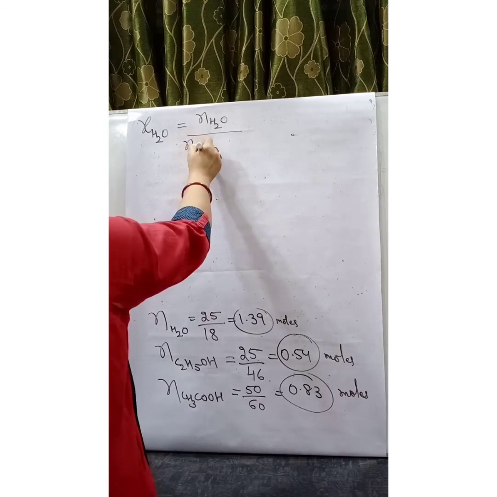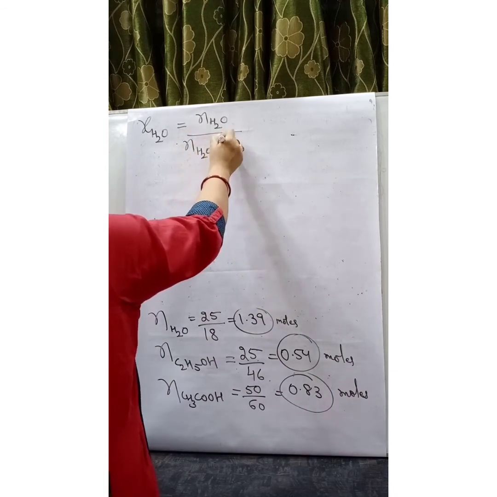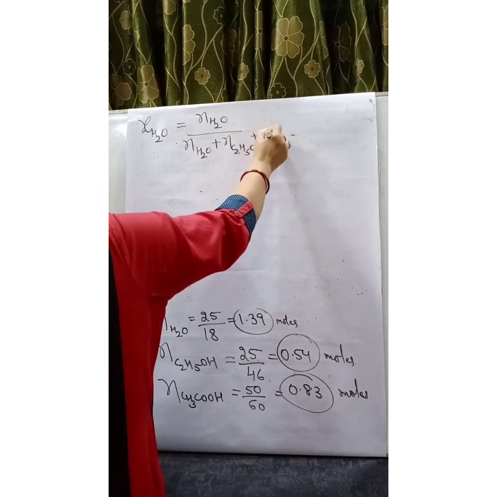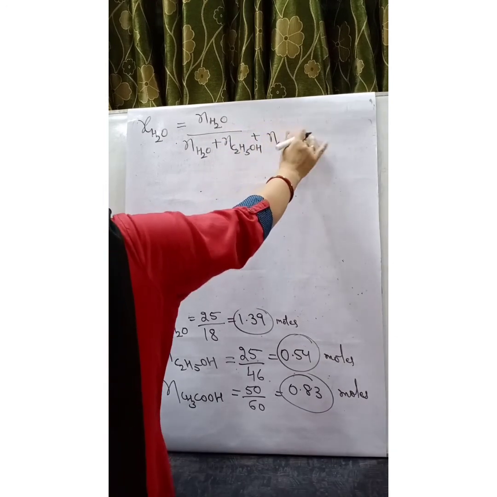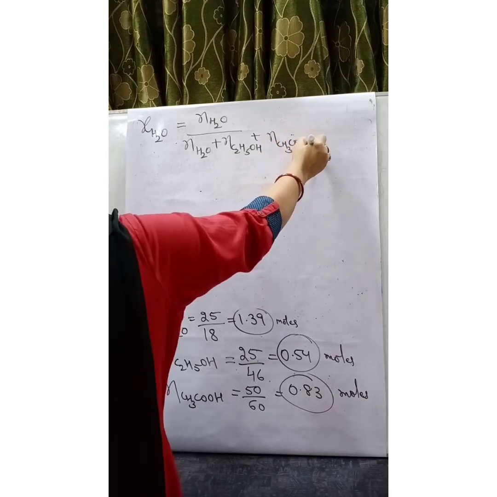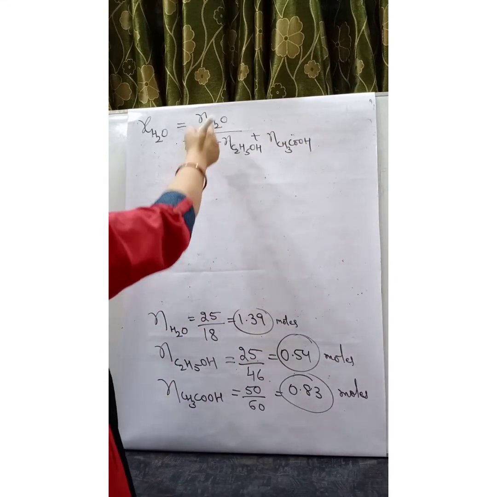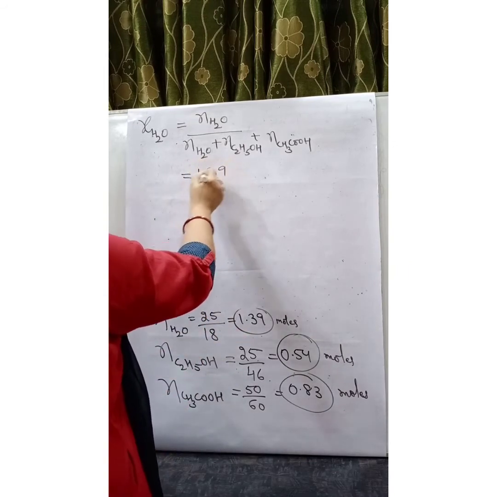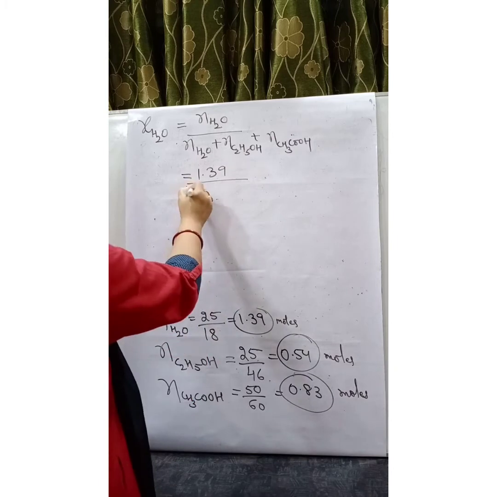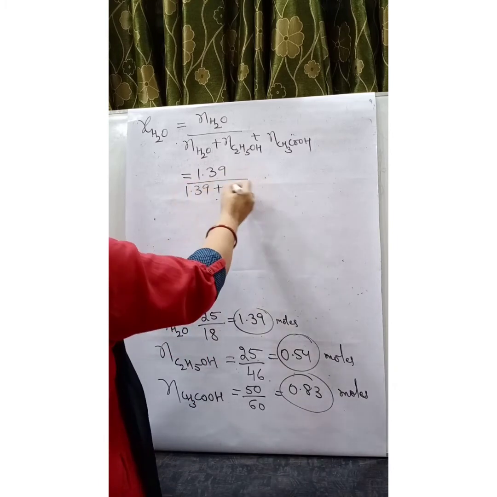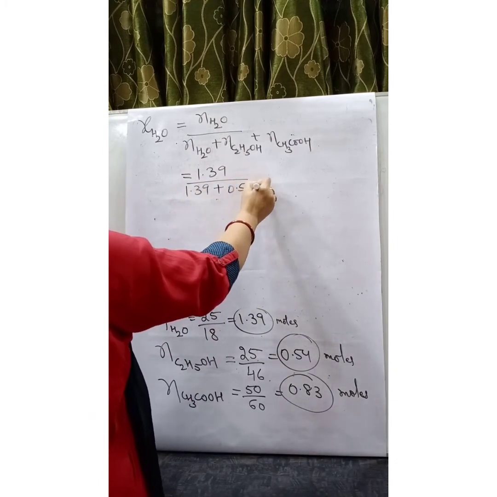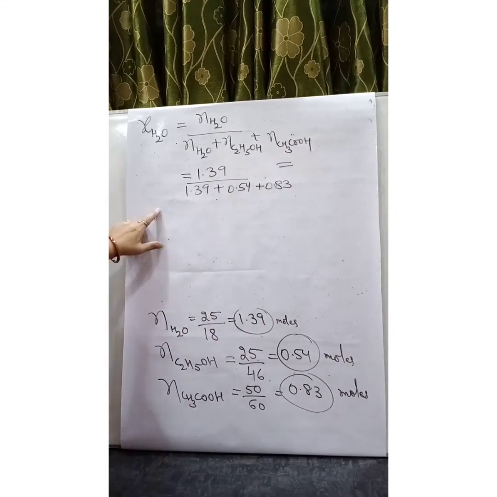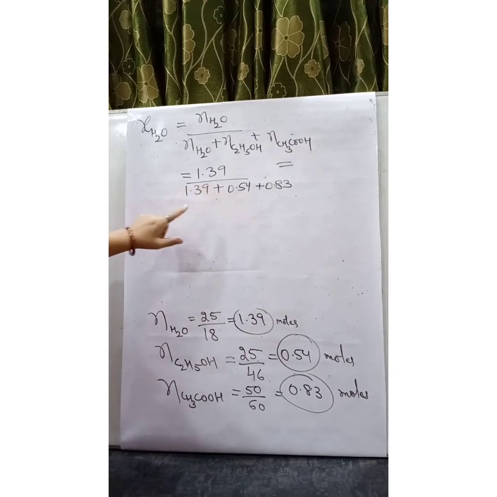That means number of moles of water plus number of moles of ethanol plus number of moles of acetic acid. So, now put the values. Number of moles of water is 1.39 divided by 1.39 plus 0.54 plus 0.83, is equal to, you can calculate all these values together.